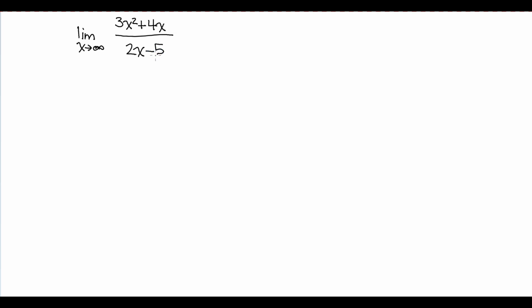So now we have a rational function. And we need to get a way so that it becomes some number a divided by x to some power. Because then we could just replace it by 0. Since I said before, as x approaches infinity, this expression, we know for sure, will approach 0. So what we can do is divide by the highest power in the entire expression. That'll be x squared.